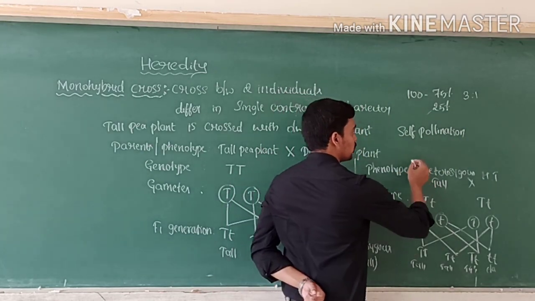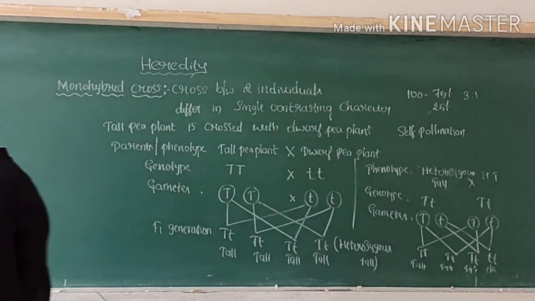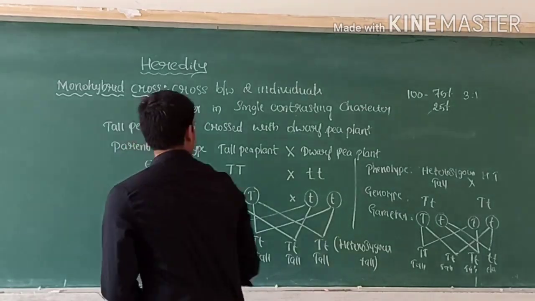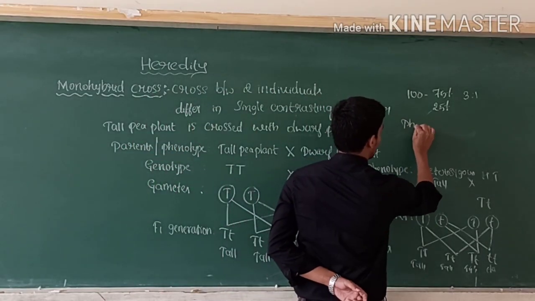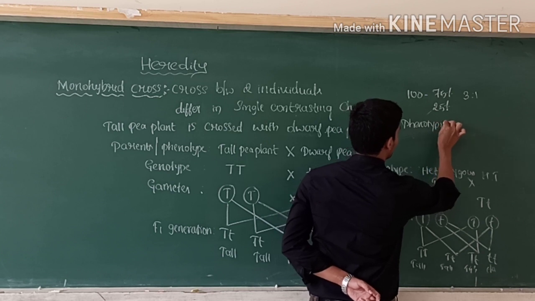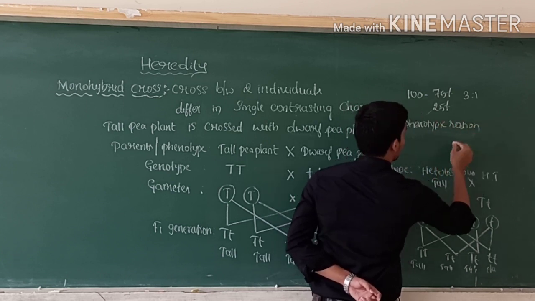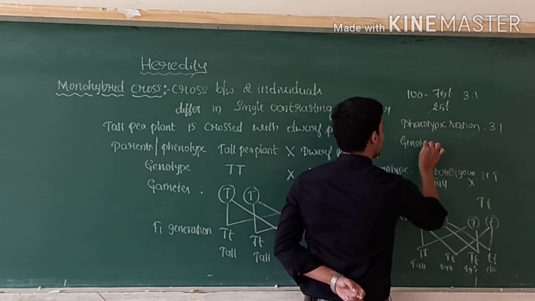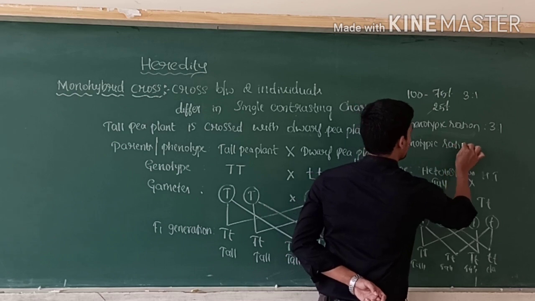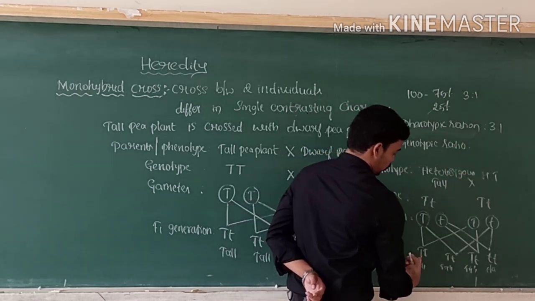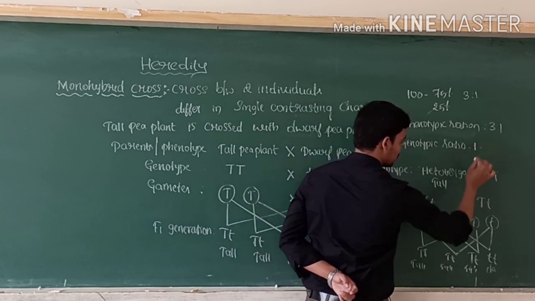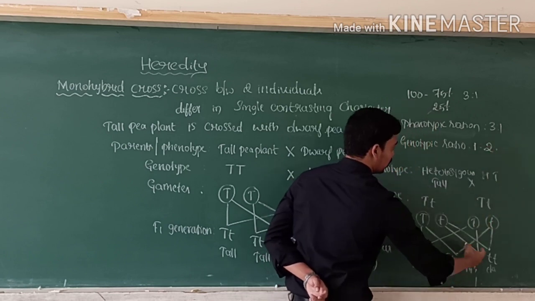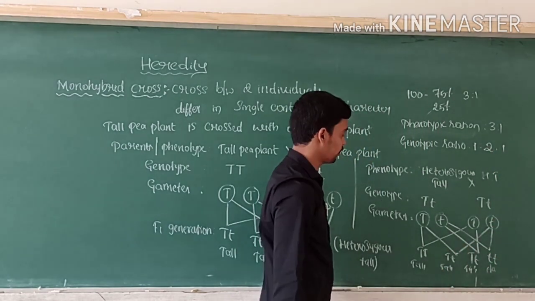Like the genotypic ratio. Phenotypic ratio, that is 3:1. Then genotypic ratio: here 1 is homozygous tall, 2 are heterozygous tall, and 1 is homozygous dwarf.